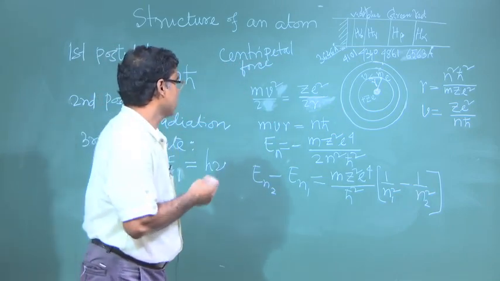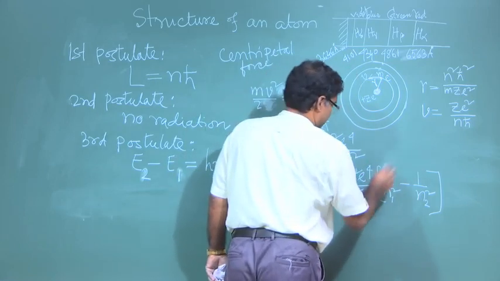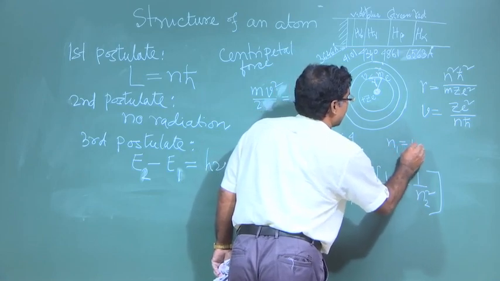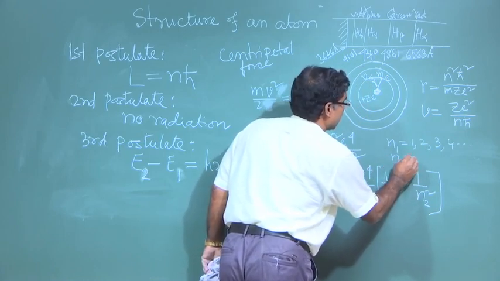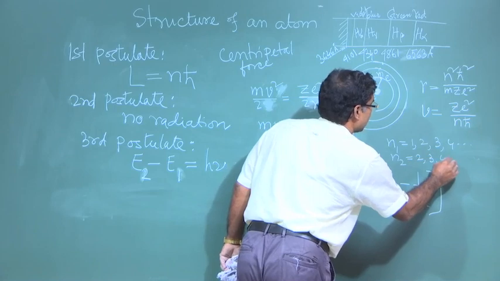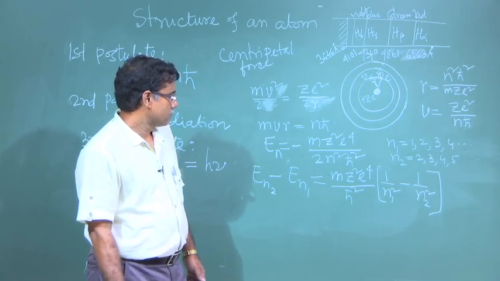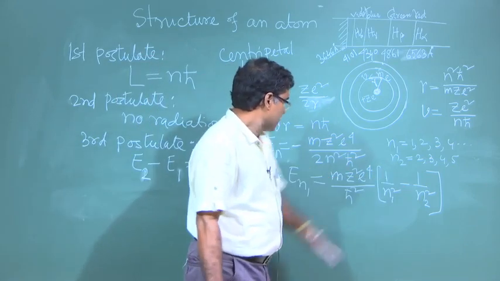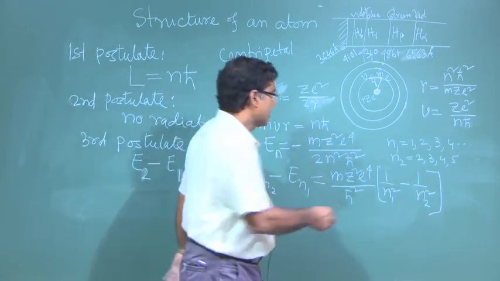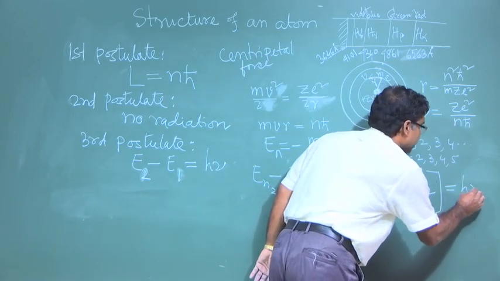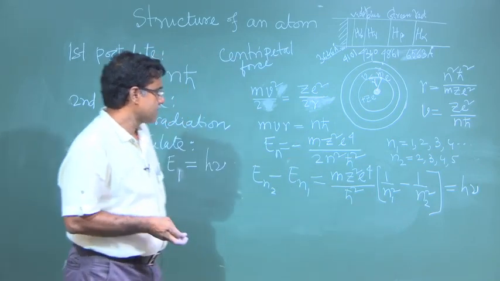Where n1 can take 1, 2, 3, 4, etc. N2 can take 2, 3, 4, 5, etc. So, this energy difference will give us radiation, and that radiation energy is h nu, according to the third postulate.